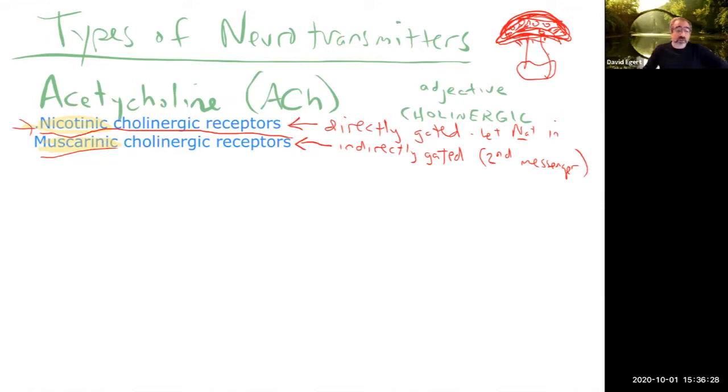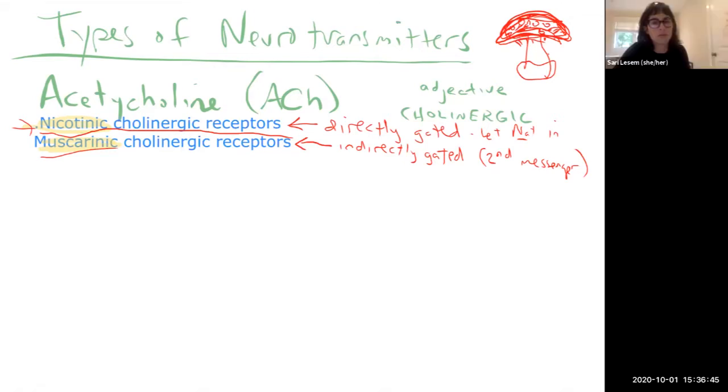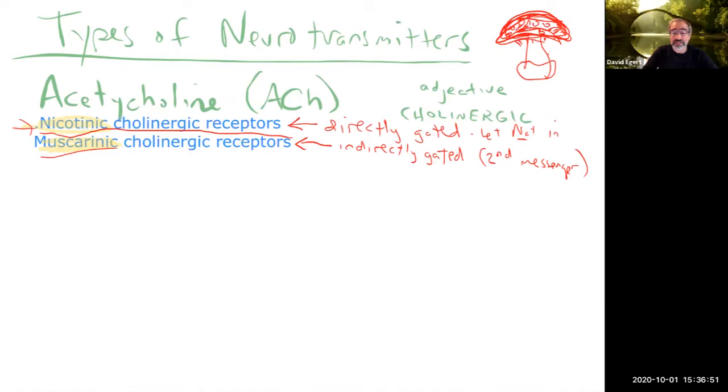If you have acetylcholine bind at a muscarinic cholinergic receptor, what's the response going to be? Don't we not know? Exactly. We don't know. It really depends on whatever that second messenger pathway is. So that's going to be important.